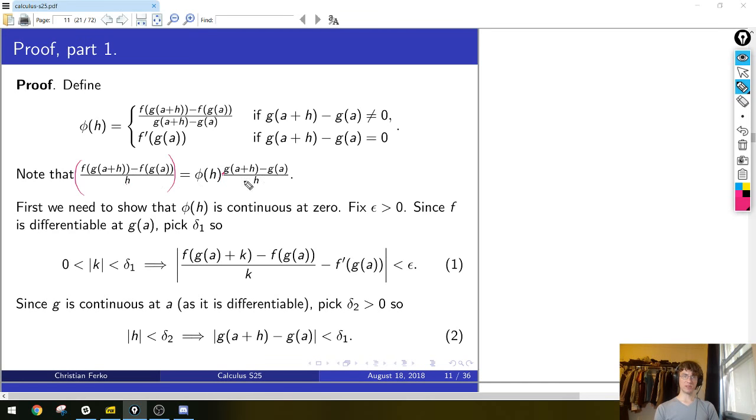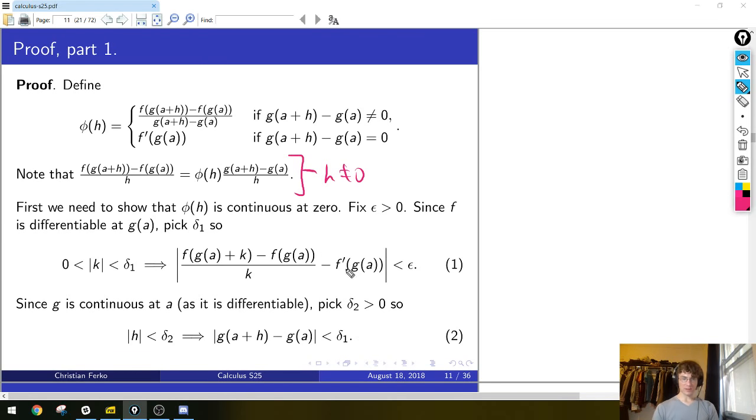And notice that this equation is true even if g of a plus h equals g of a, because then the right side is 0. Since this is 0, phi is f prime of g of a, and the left side is 0, because this is f of g of a minus f of g of a. So this equation is true everywhere, for h not equal to 0.